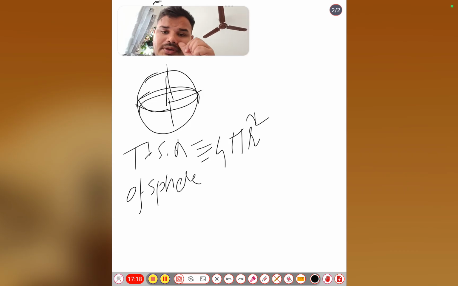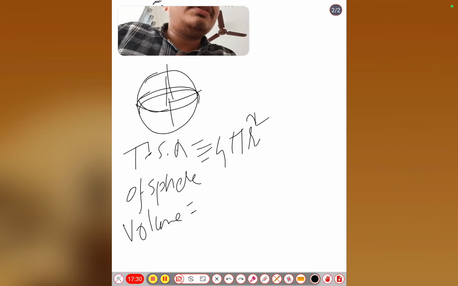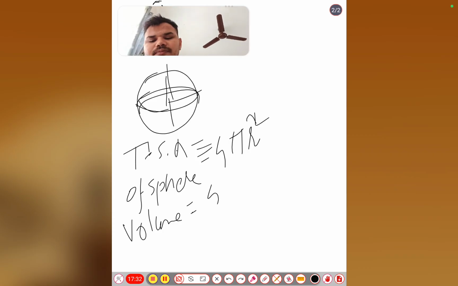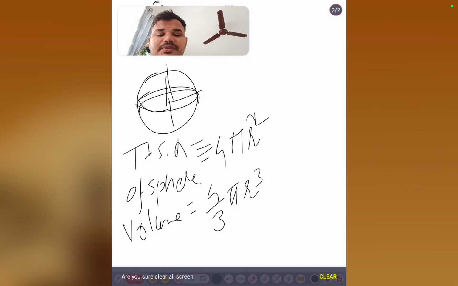If you want to find the volume of the sphere, earlier we had pi r square, so here it's 4 by 3 pi r cube. This is the formula for the volume of the sphere.